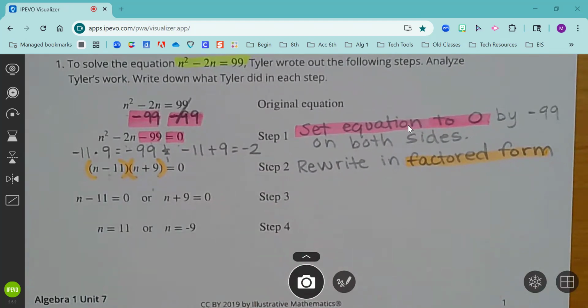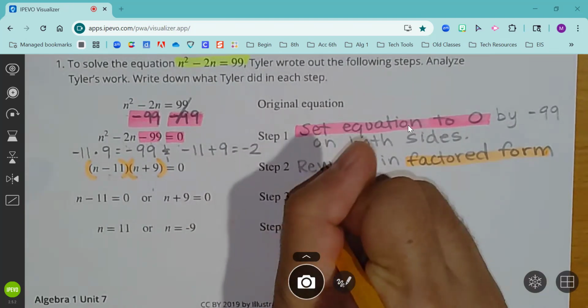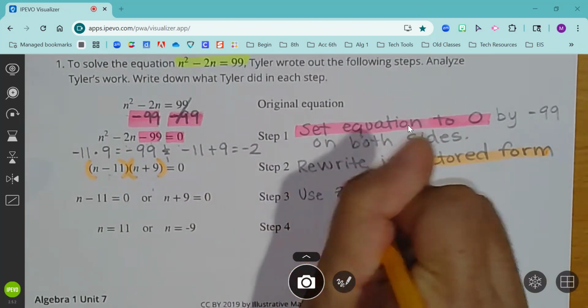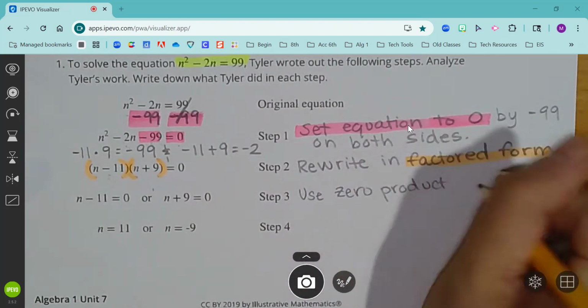Okay. Step two, we're going to use the zero product property. So right here, we're setting both factors to zero and solving. So use the zero product property.